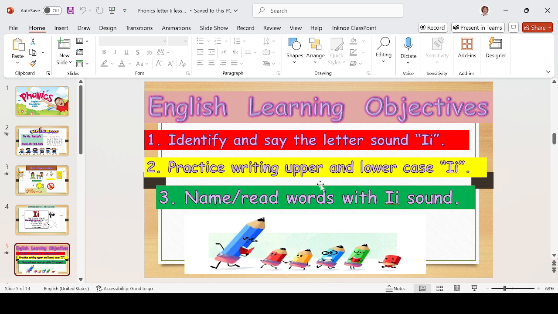But the words that we are going to read are only with the sounds that we have learned so far. Okay, we did A, we did T. So you need only to know those letter sounds and then read words with those sounds. Okay, that's it.